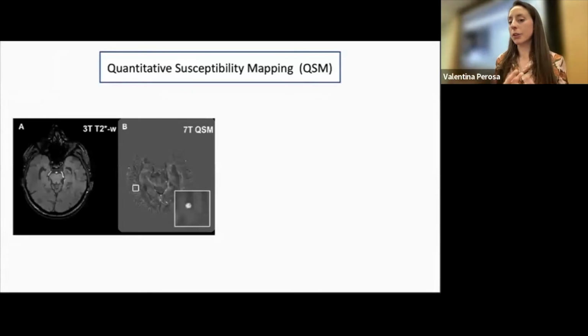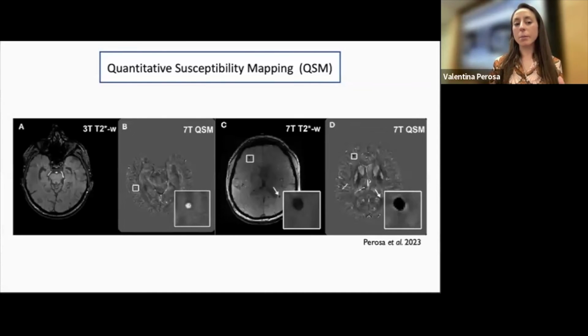And one of the most important applications in this case is that it's possible to differentiate iron, or in general also paramagnetic substances in the brain, from the susceptibility artifacts that are also provoked by diamagnetic substances in the brain, such as calcium. And because we are dealing with a lot of hemorrhagic markers in small vessel disease, this can be particularly relevant for CSVD. In fact, one thing that we saw was that QSM had better sensitivity towards microbleeds than other T2 star weighted sequences.